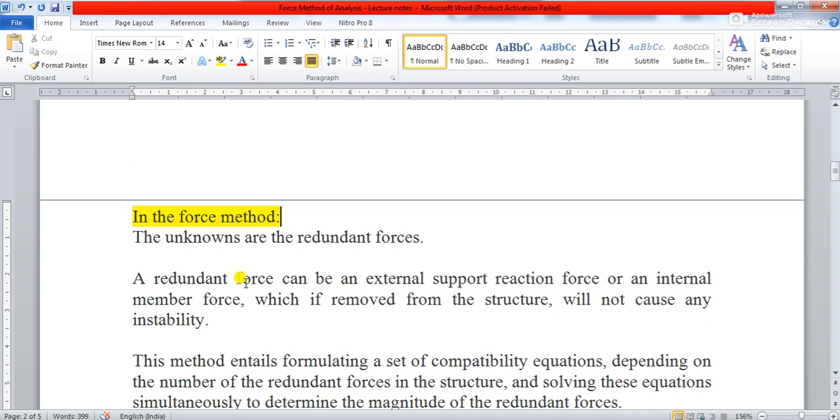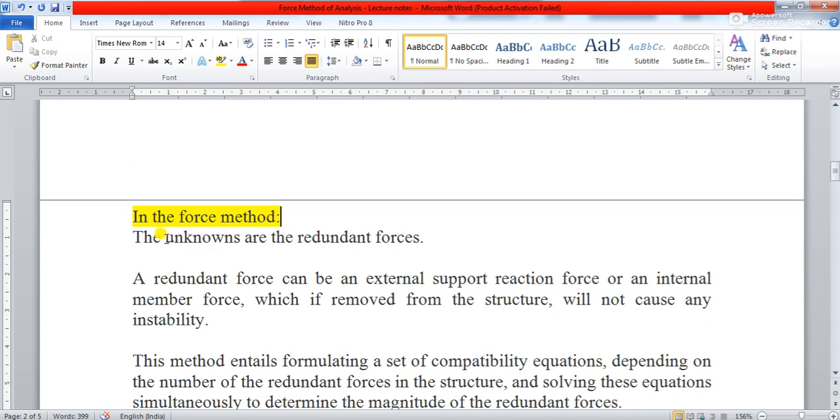That gives you a compatibility equation, and from that equation you should be able to solve the unknown reaction at the prop.